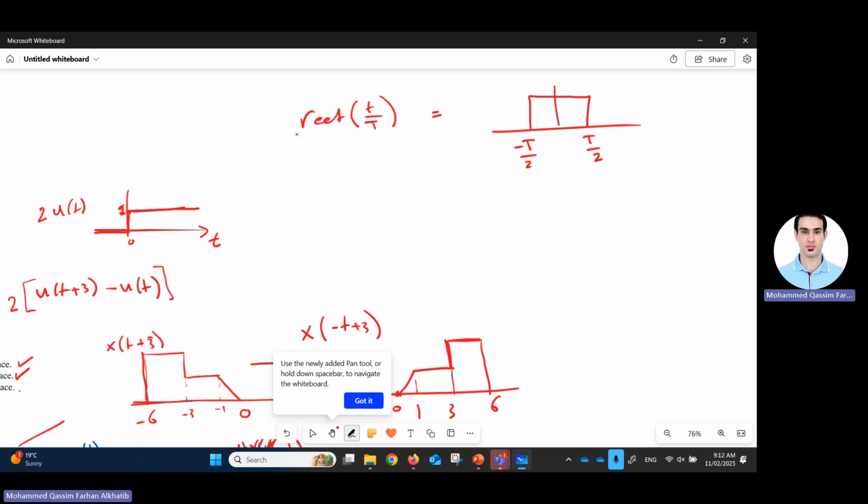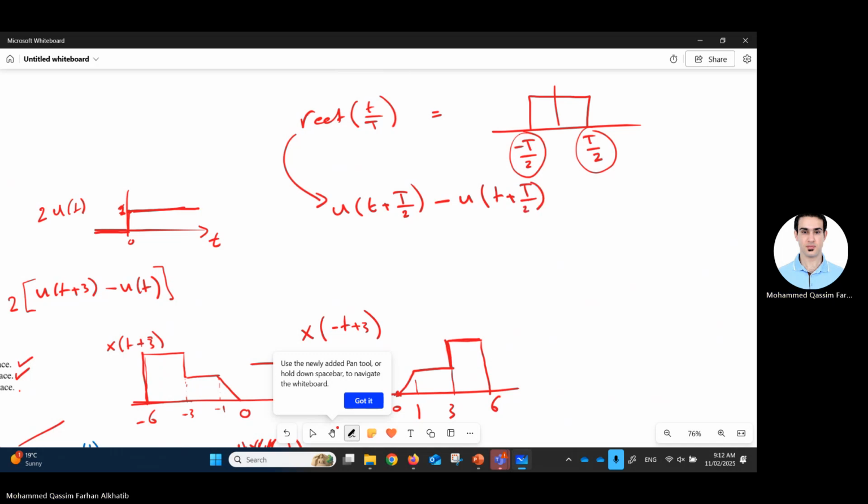If you want to represent the rectangular function as a summation of unit steps, it's going to be this step function u of t plus T over 2 minus u of t minus T over 2. So that's mathematically equivalent to the rectangular function as a summation of step functions.